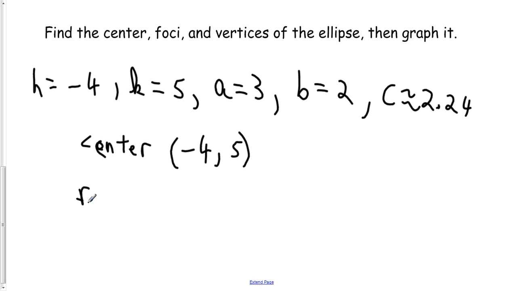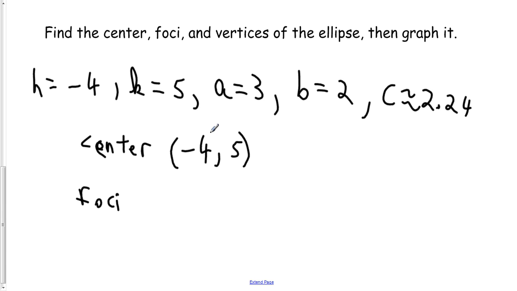Well, the distance from the center to the foci is c. So that means from -4, 5, I have to go a distance of about 2.24 to get to either of the foci.